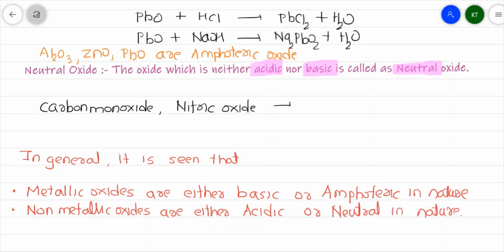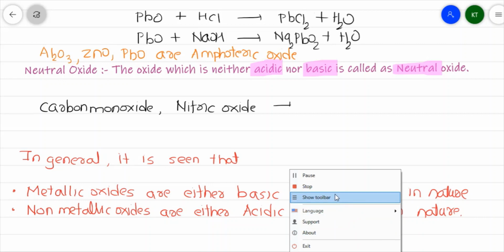So please do remember these 2 points which are written at the bottom here. Metallic oxides are either basic or amphoteric in nature, and non-metallic oxides are either acidic or neutral in nature. Thank you for watching.